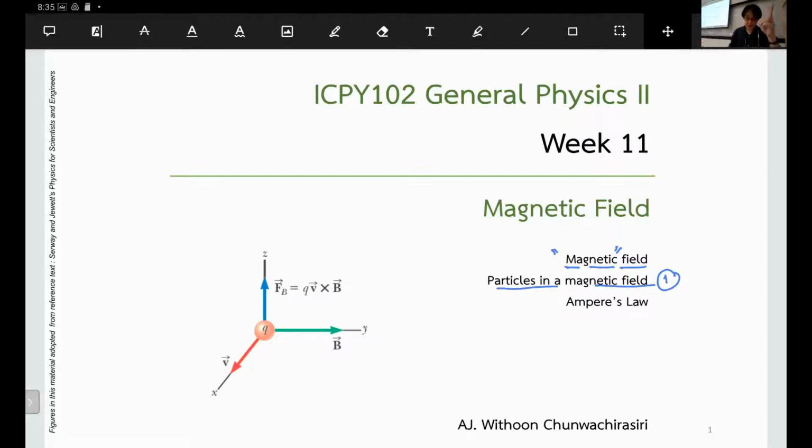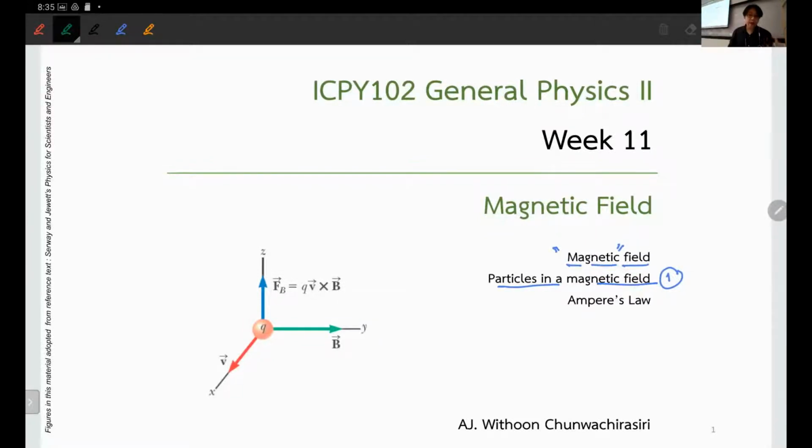The second one is the law that helps you evaluate the field. I already picked the law that makes it quite easy to calculate magnetic fields. We call it Ampere's law. You will see toward the end of the lecture that the formula, or the result that you get from this, is very simple. So what you really need to take into the final exam room is just the result.